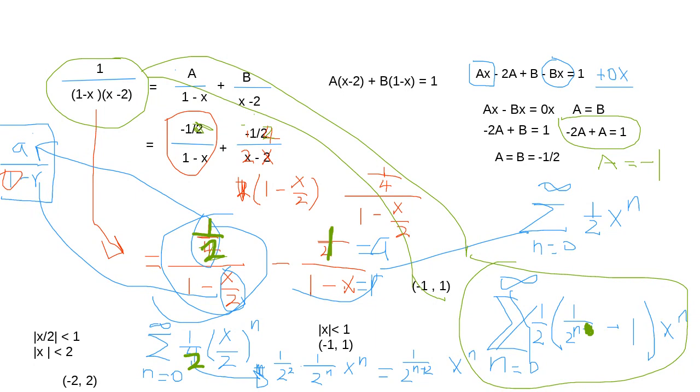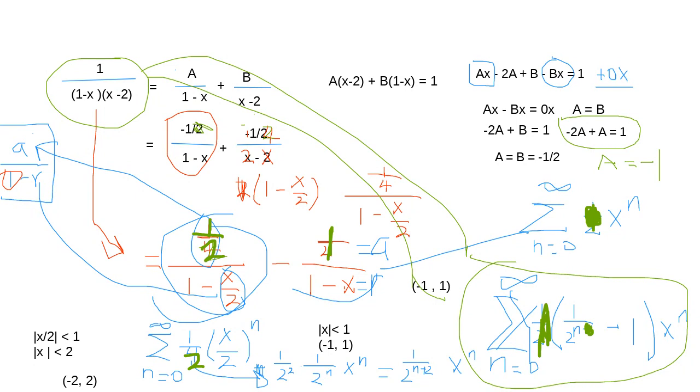So the first term is just 1. So this we have nothing. All right, so that means we don't need to do this. So this is 1 over 2 raised to n plus 1.